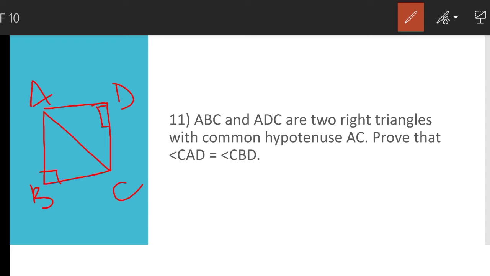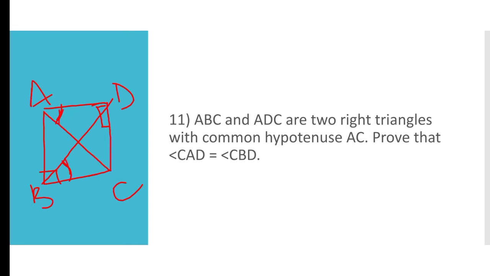We have to prove that angle CAD, this angle, and angle CBD, so we have to join this line CBD, this angle, are equal. So we have to show this.